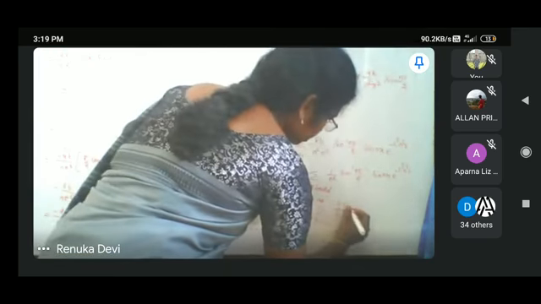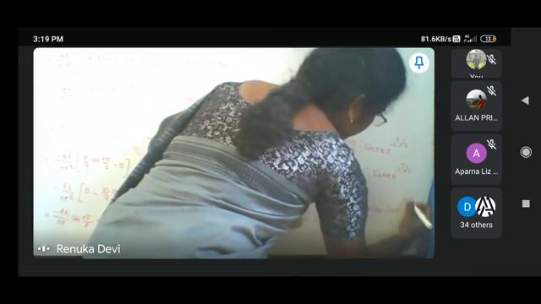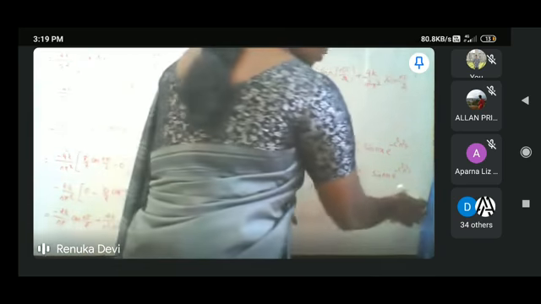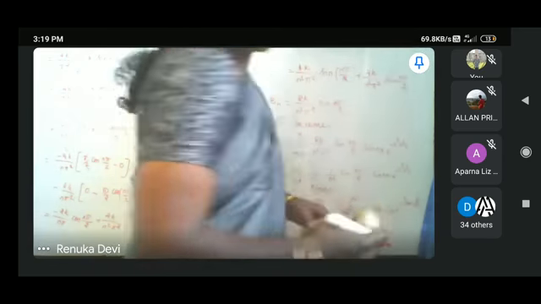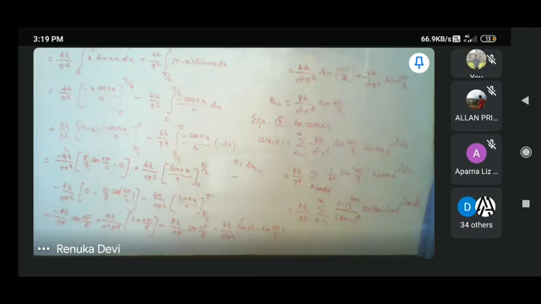Write here minus 1 to the power n plus 1 sin of 2n minus 1 x e raised to minus c squared n squared t. This n squared also becomes 2n minus 1, isn't it? So c squared times 2n minus 1 the whole square. Replace n by 2n minus 1 because 2n minus 1 is odd. So this is the thermal, that is temperature distribution of the given problem.